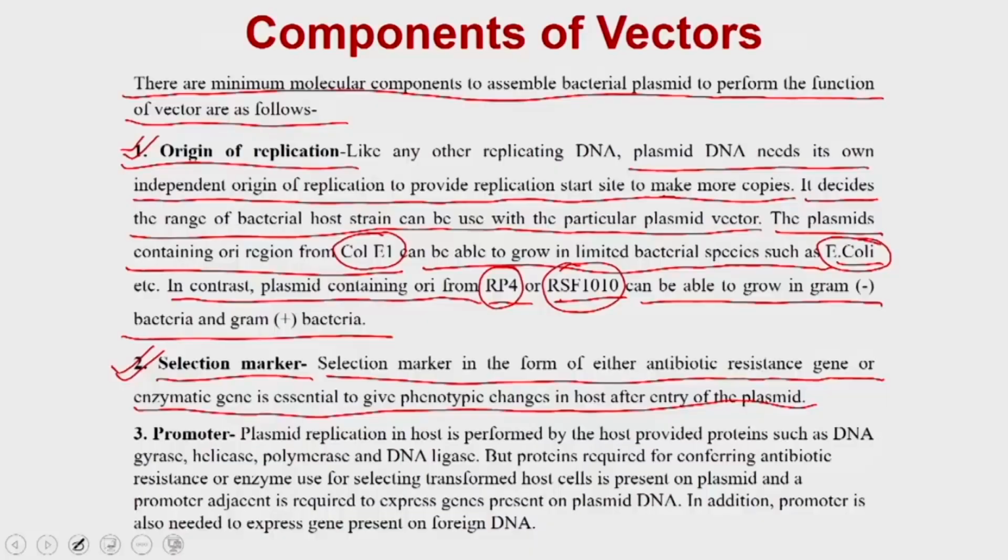The third is the promoter. Every vector which you are going to design should have a promoter if it is an overexpression vector. Plasmid replication is performed by the DNA polymerase enzymes, but the promoter is something which allows the transcription as well as the translation of that particular gene.